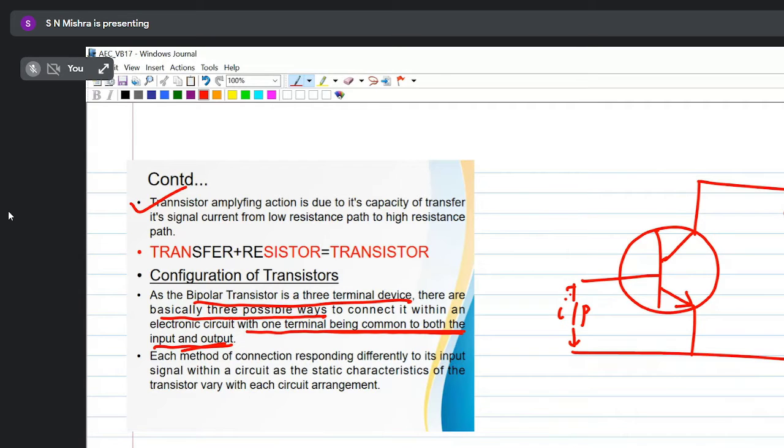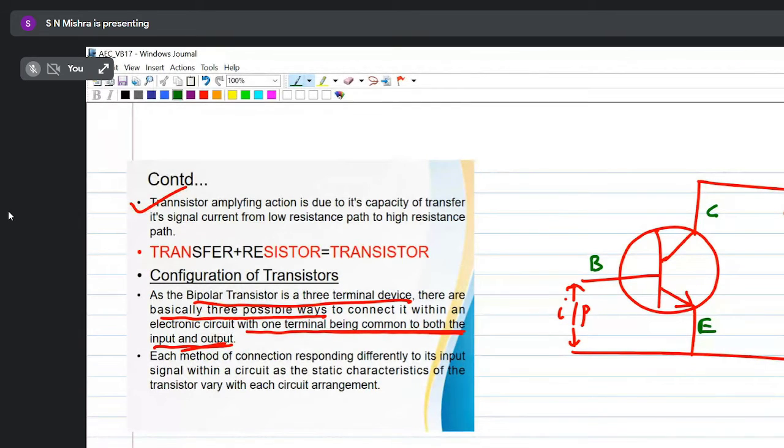So input I'm giving from which terminal to which terminal? This is your emitter, this is your base, this is your collector. So input is between which terminal? Look at the figure and tell me. The base and emitter. And output?